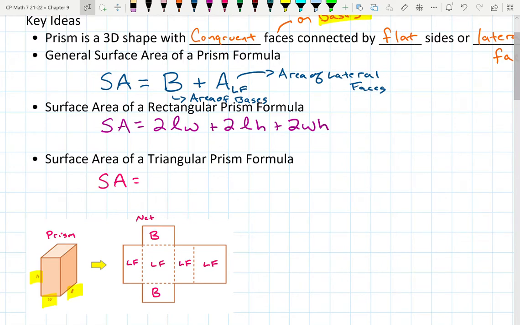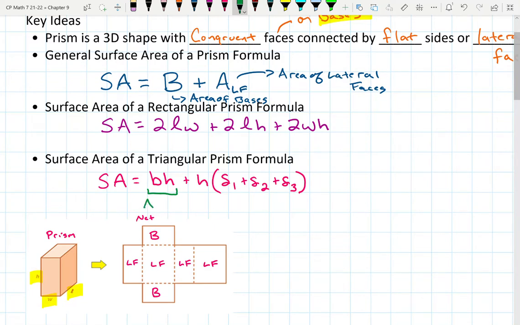So the surface area for a triangular prism formula is BH, that's the base and the height of the triangle, plus the height multiplied by the first side plus the second side plus the third side. Now this looks really crazy and really fancy, but in context in a moment when we use it, it smooths out the operation. I am going to put some callouts so you can understand what this is.